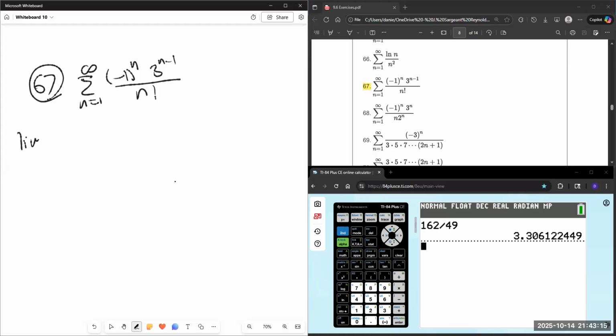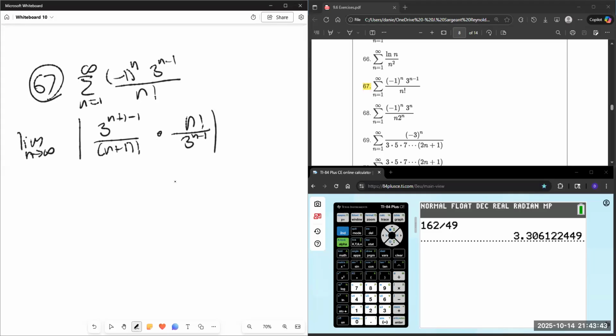Limit as n goes to infinity of, and forget about the sign changer, absolute value of 3 to the n plus 1 minus 1 over (n plus 1) factorial times n factorial over 3 to the n minus 1.